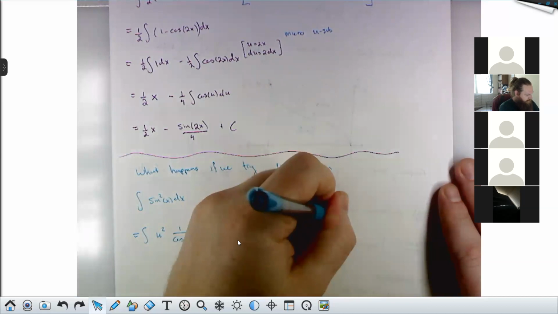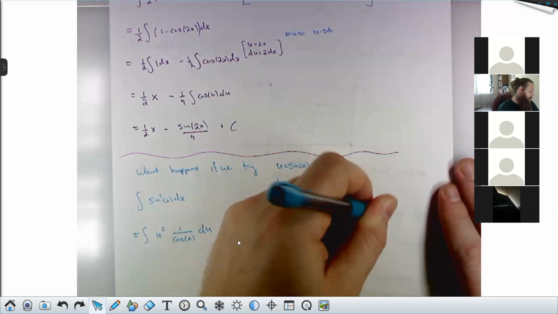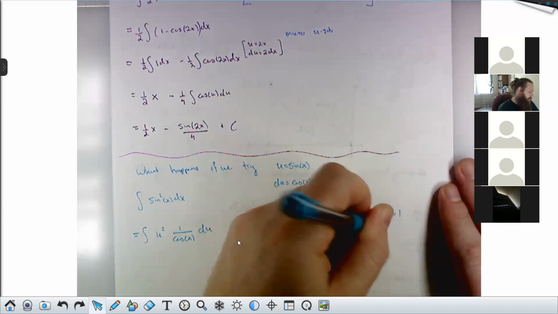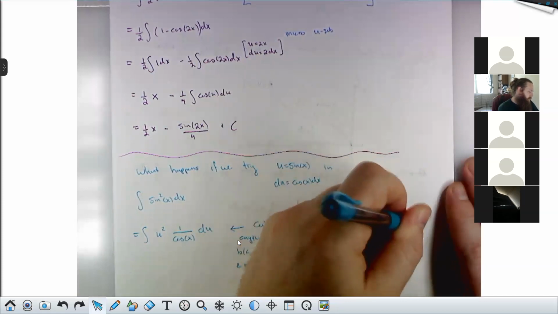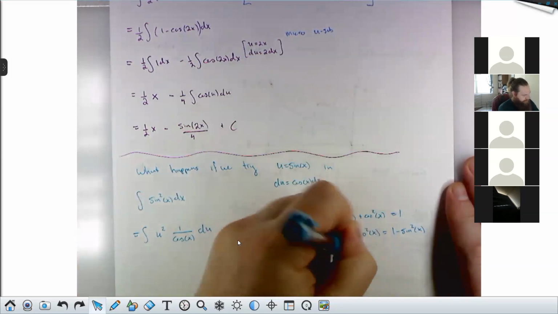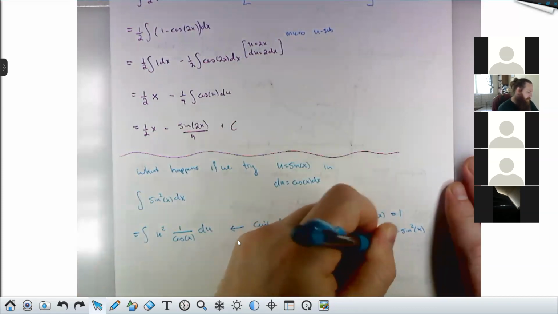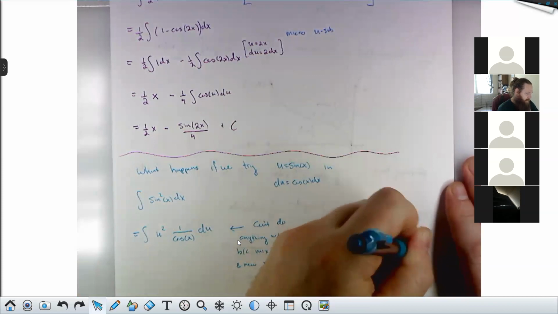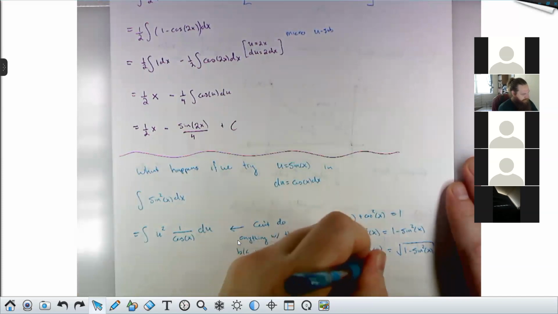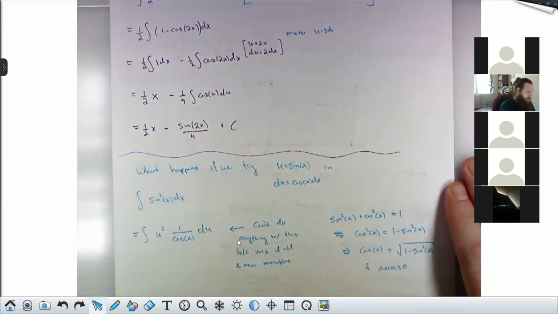Because it is true that sine squared x plus cos squared x is equal to 1, I can say cos squared x is the same as 1 minus sine squared x, which means that this cosine, as long as everything is positive, which is not a guarantee, would be the square root of 1 minus sine squared x, if cos x is greater than or equal to 0, which is, again, not guaranteed.